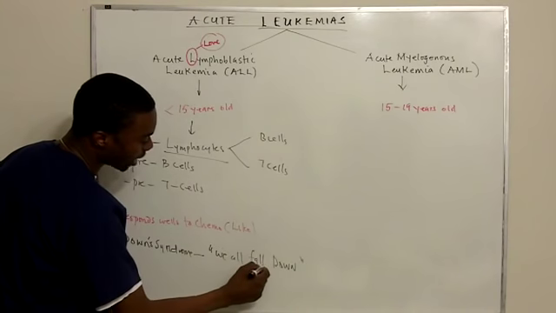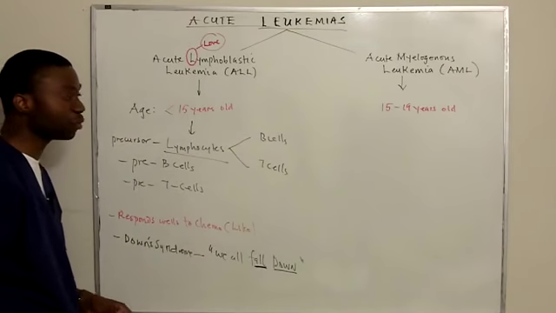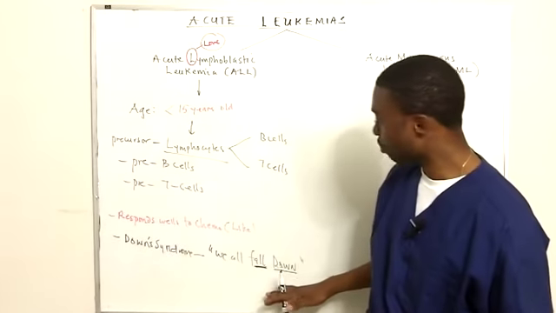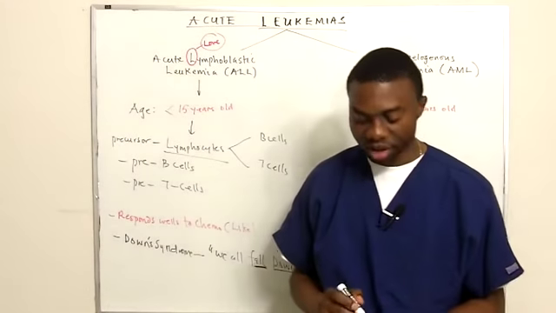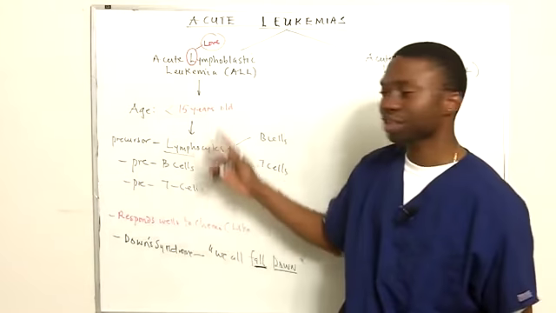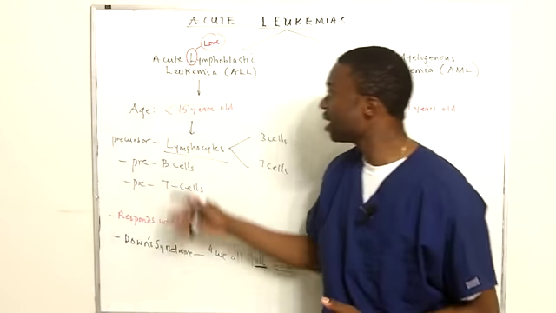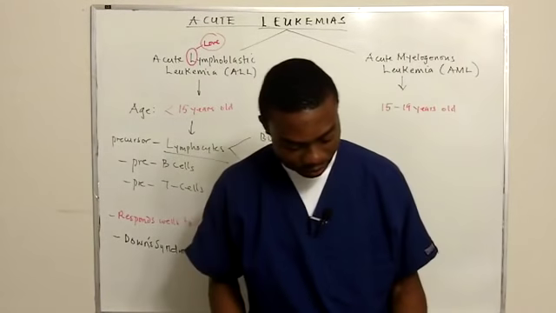And see, fall has ALL, Down syndrome. We all fall down. That's a beautiful mnemonic to remember. Patients that have Down syndrome are always predisposed to developing acute lymphoblastic leukemia. Also, if you're exposed to radiation, because radiation causes free radicals which damage our DNA, it can affect this cell line and predispose them to develop ALL.